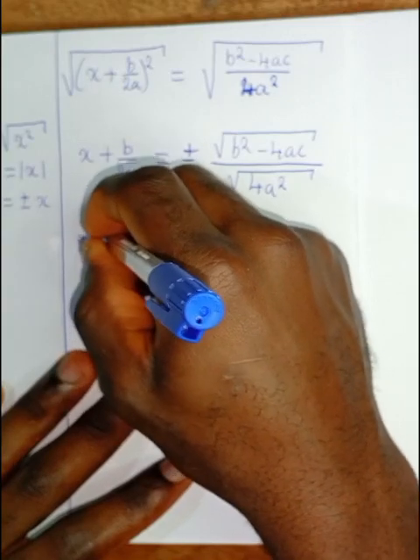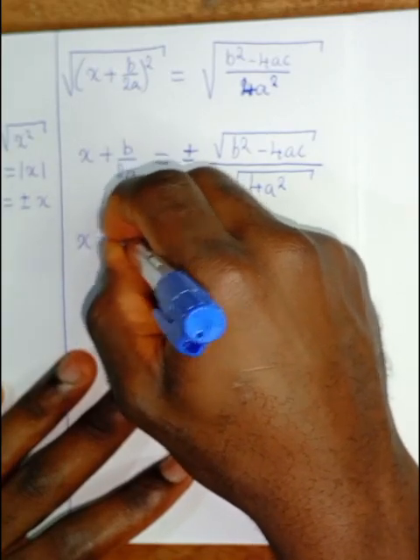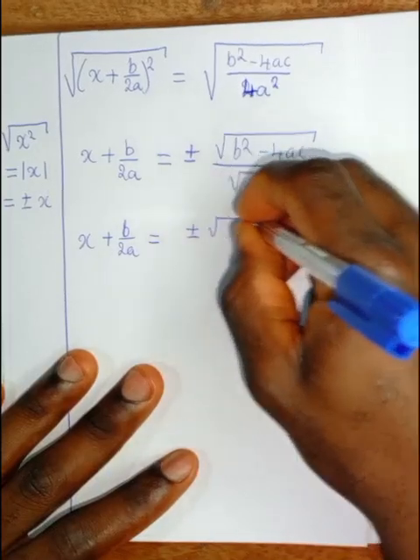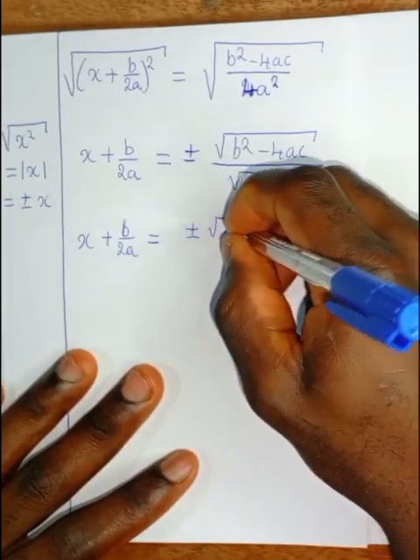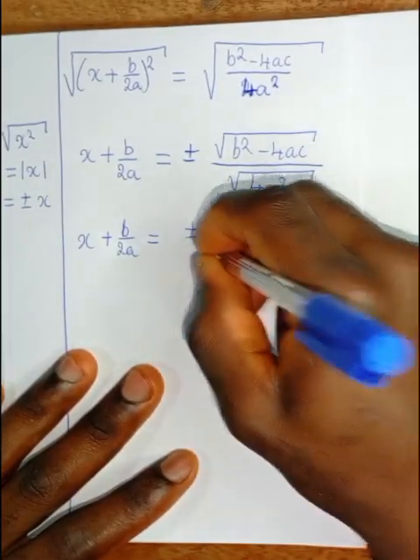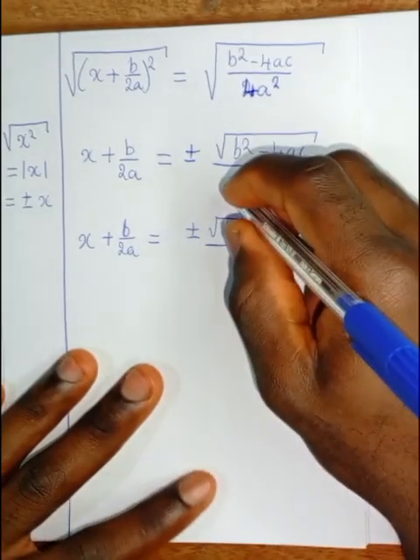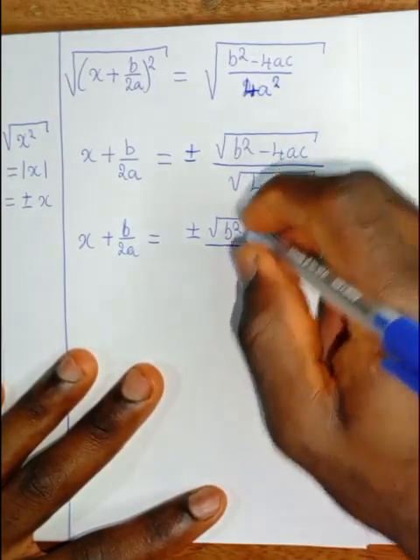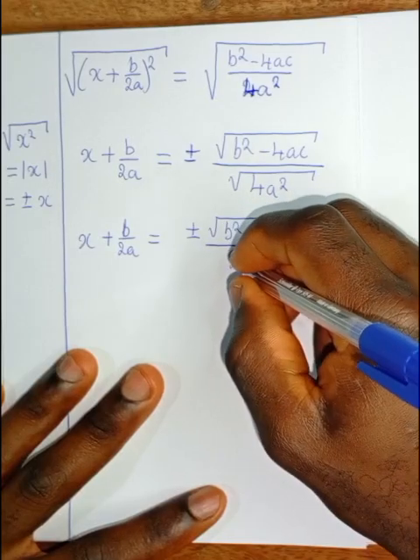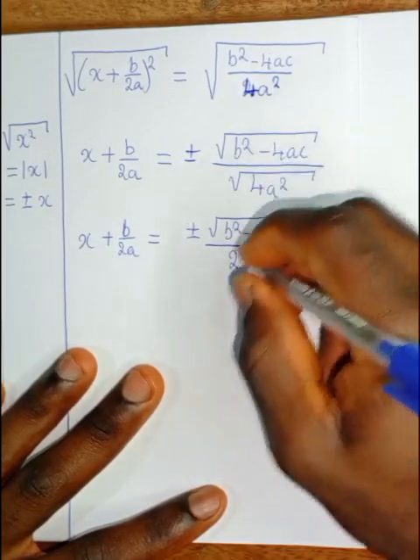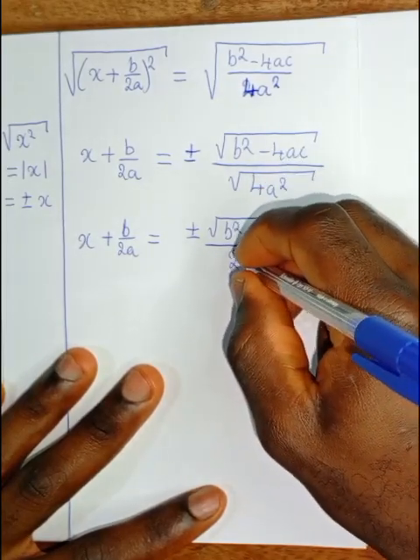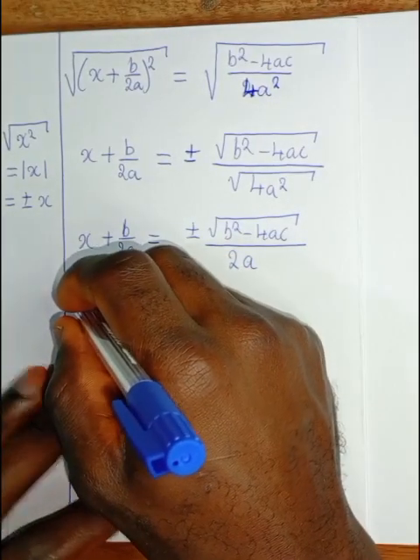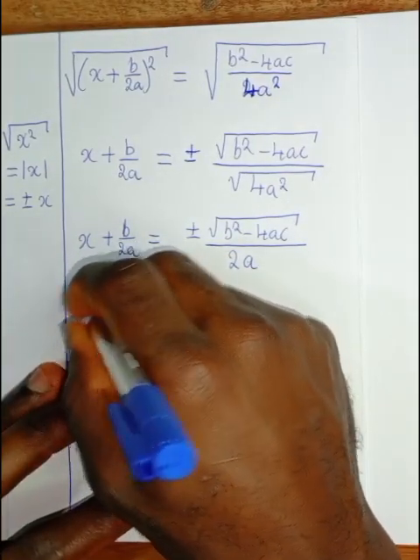This will give us x plus b over 2a is equal to plus or minus the square root of b squared minus 4ac over, if you take the square root of 4a squared, you know the square root of 4 is 2. Here, the square root of a squared will simply be a. So this will simply give us, we are going to make x the subject of the formula.